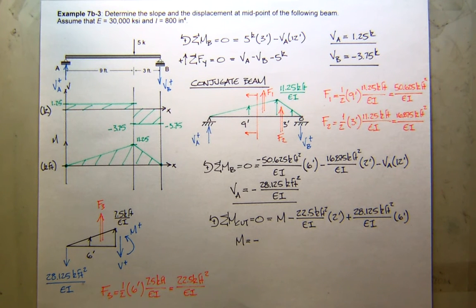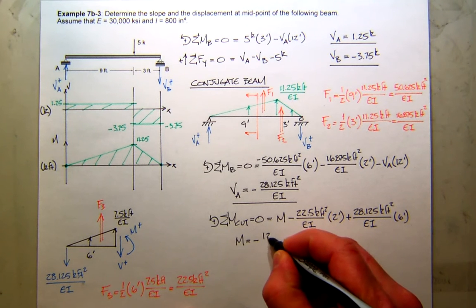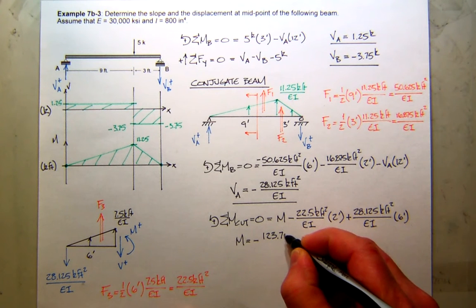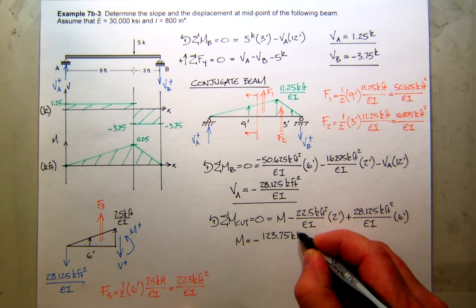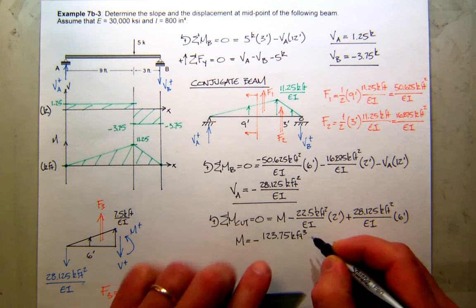I'm going to guess it's 128. I have no idea. 123.75. And that's going to be kip feet cubed over EI.